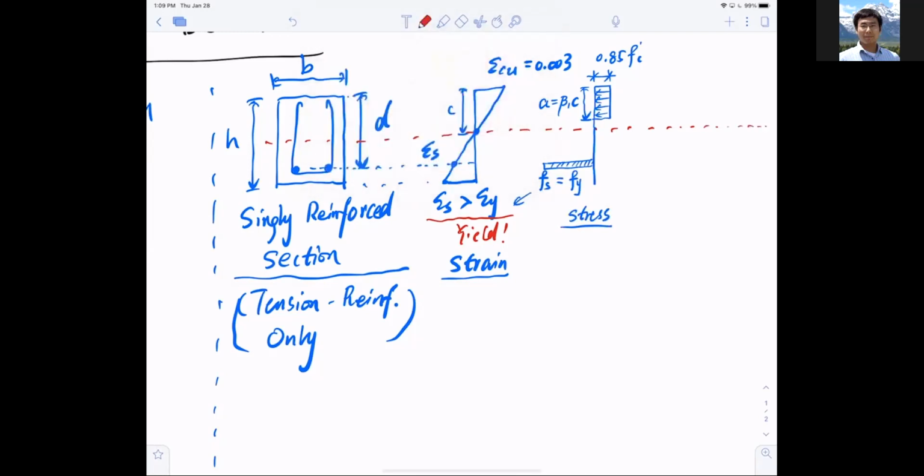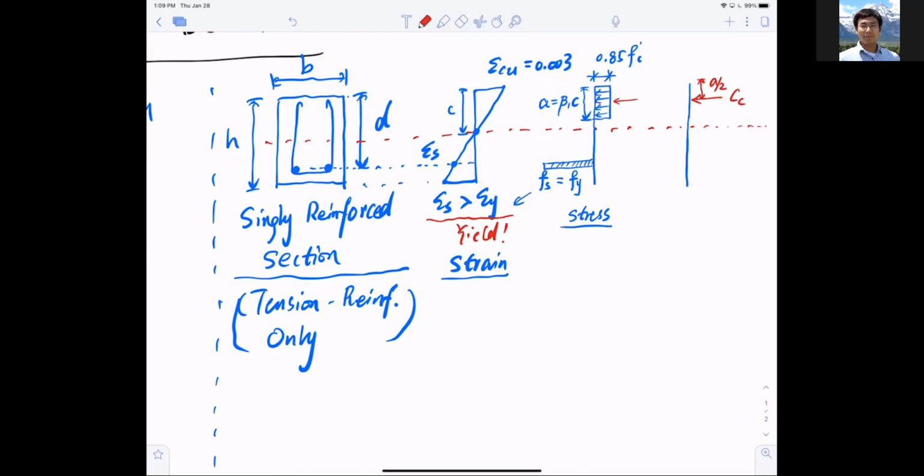Now keep extending the line, and let's take a look at the internal forces. So I'm going to draw the section again. Now I'm going to use red to represent the total force from concrete, which should be sitting right in the middle of this block here. So this is the compression from the concrete, and we know that the distance between the top fiber and this compression force is a over 2.